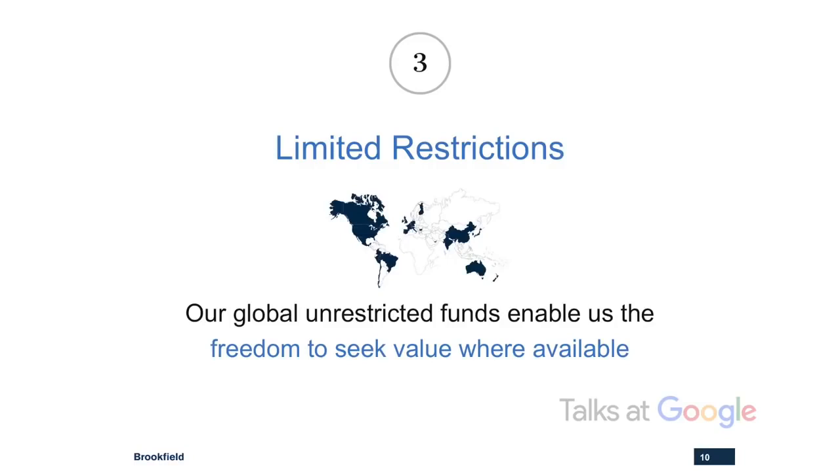Third, most of the capital we have has limited restrictions on it. Therefore, we're agnostic to the opportunity type and the form of investment, whether it's a public company, a private investment, or some other, a convertible debenture or common equity.